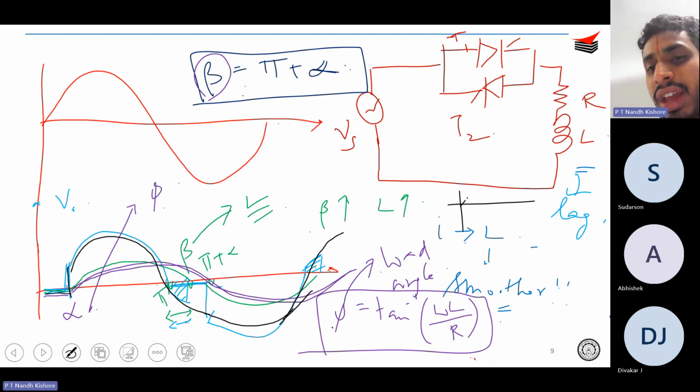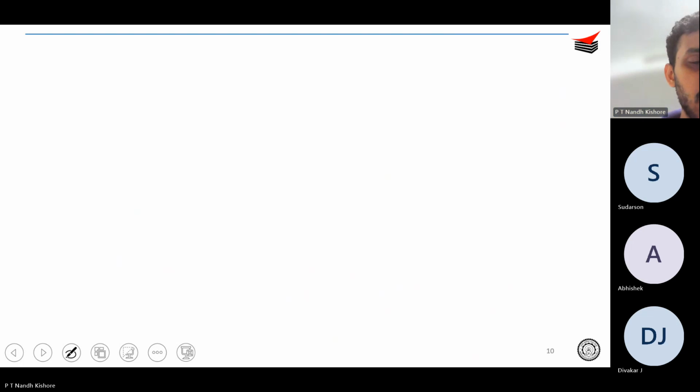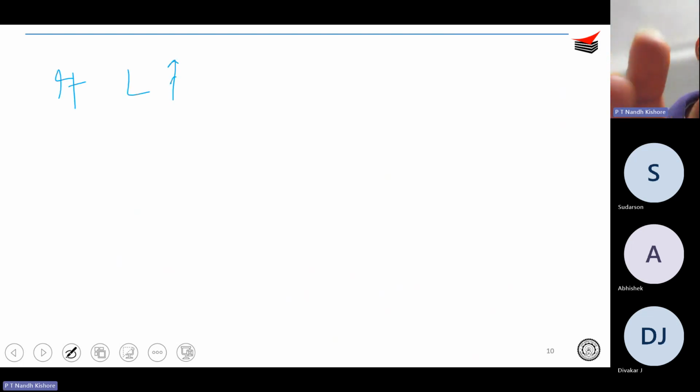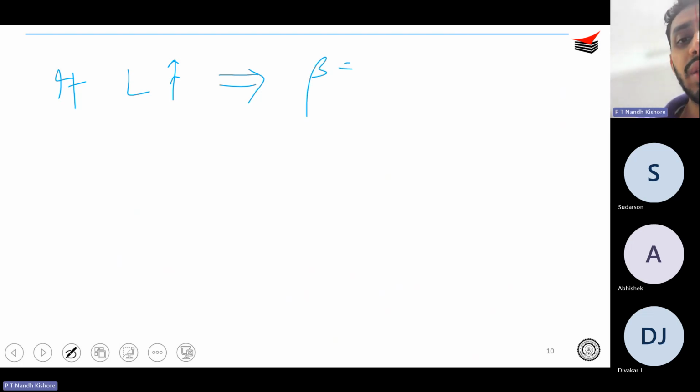Basically, you will be getting a sine wave. That's what I want to emphasize. You'll be getting a sine wave and this will just go on. That means that your converter has become uncontrollable. So the point is, if L is too large, then your beta tries to go more than your pi plus alpha.